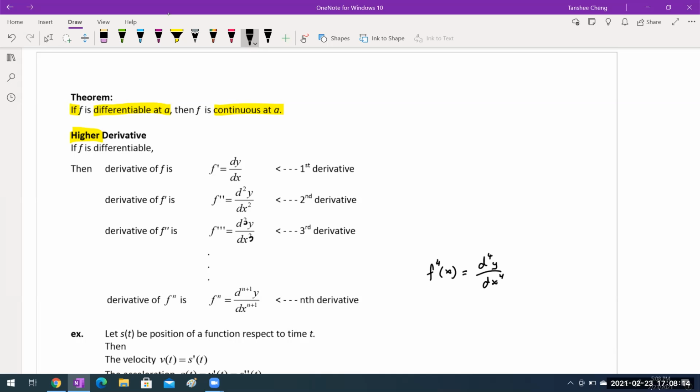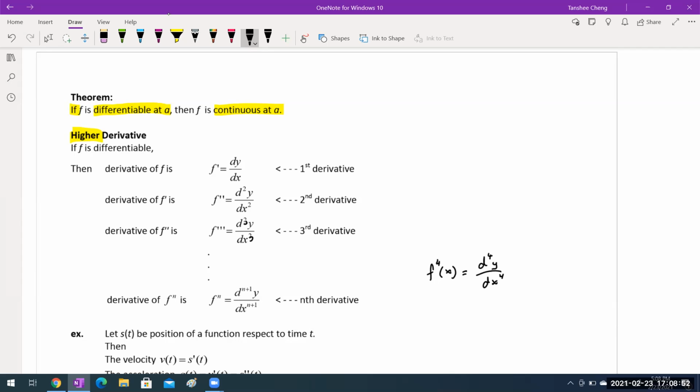So finally, if we have the nth derivative of f, then we need to add one more. So it will be f to the n plus 1, the derivative of the nth derivative, and in Leibniz notation d to the n plus 1 y over dx to the n plus 1.